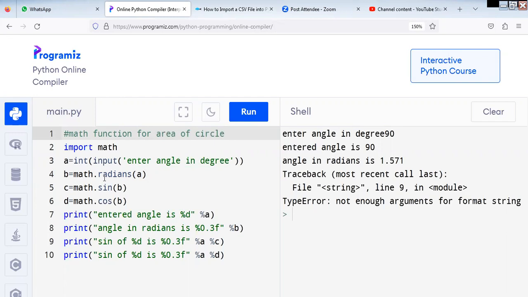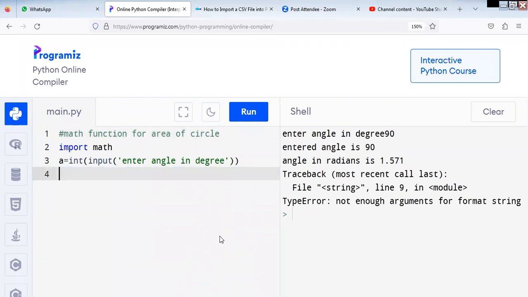So we need to import. First enter the diameter of circle, or we can say radius of circle in meters. Now we know how we find area.